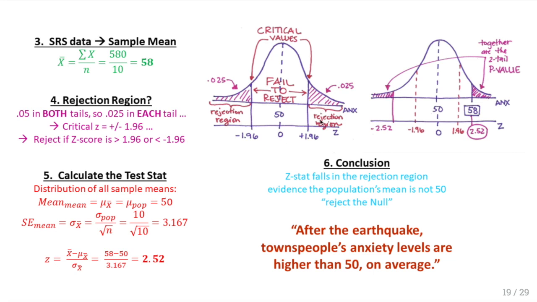Which means we reject the null hypothesis. So the z-stat falls in the rejection region, which is evidence that the population's mean is not 50. In other words, you could say after the earthquake, townspeople's anxiety levels are higher than 50 on average.